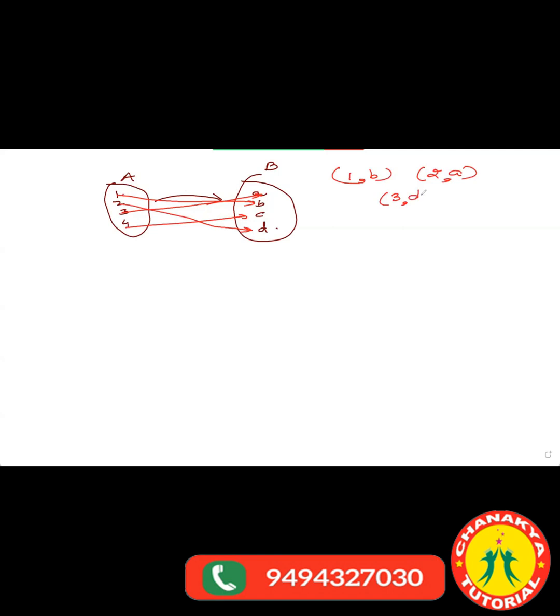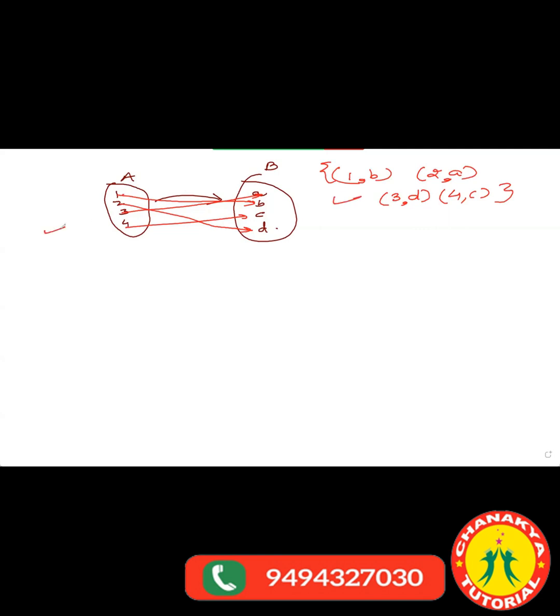Suppose there is a mapping between A and B. A has elements 1, 2, 3, 4, and B has elements A, B, C, D. The image of 1 is B, the image of 3 is A, 2 is D, and 4 is C. Each element of A has an image in B. So 1 has image B, 2 has image A, the third element has image D, and the fourth has C. So these are the ordered pairs.